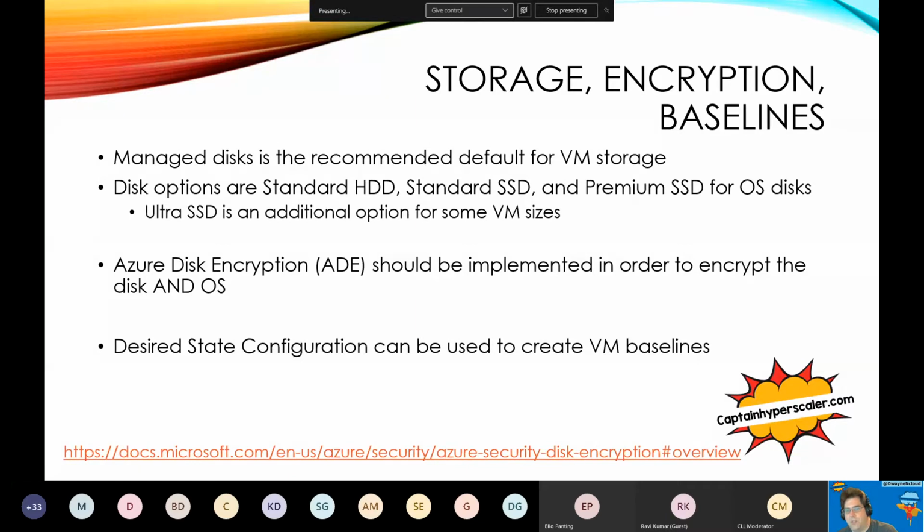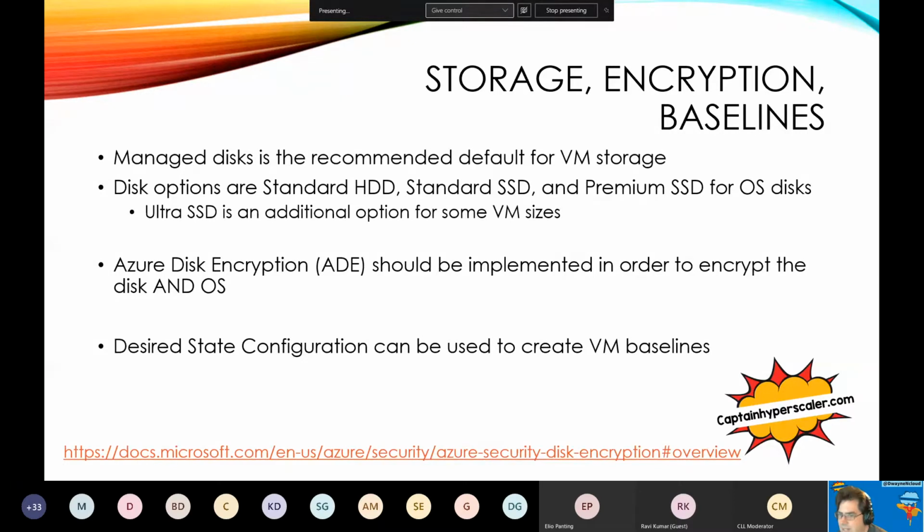Your disk options are a standard hard drive, spinning disks would be the term to use there. And then there's a standard and a premium SSD for operating system disks. If you're using some of the VM sizes, say like memory optimized, you might find that the Ultra SSD is also an additional option. If you're taking the 303 or the 304, you may see the Ultra SSD appear in some of the questions.